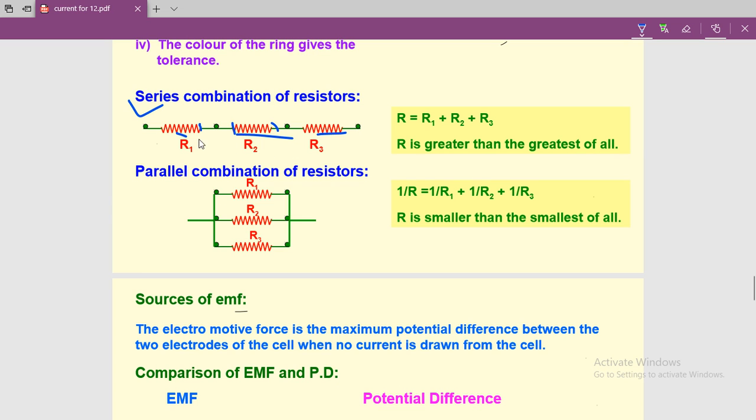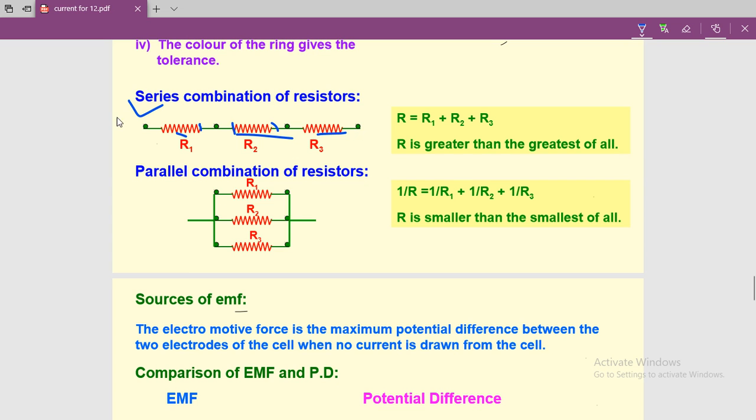Let me repeat. One end of R1 is open, not connected, and the other end of R1 is connected with one end of resistor R2. Then the second end of R2 is connected to another end of resistor R3, and the second end of R3 is open.